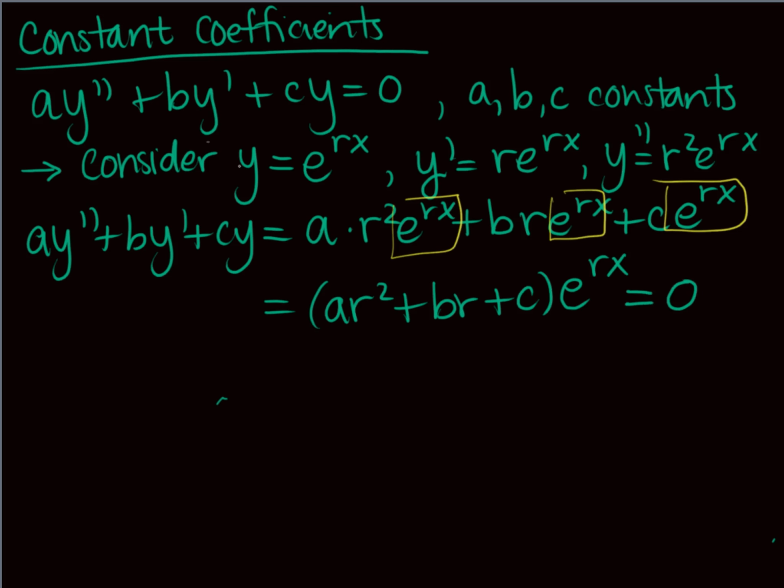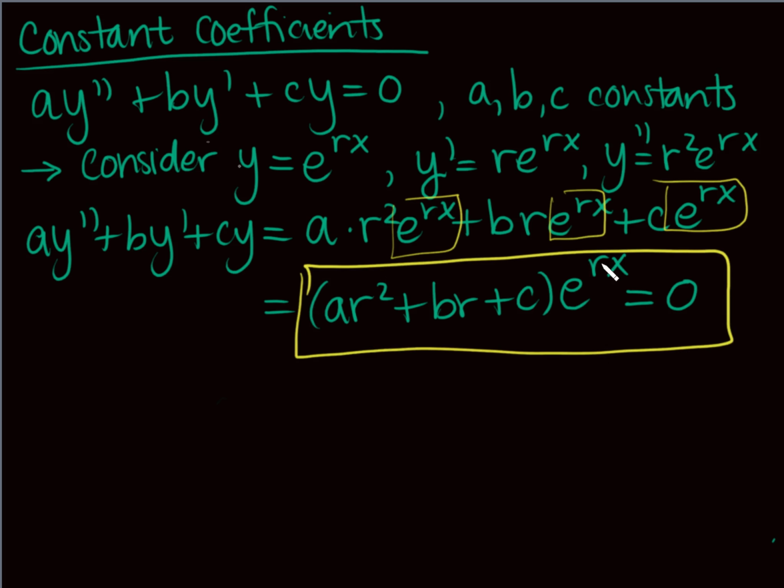If it is a solution, then I should be able to find an r that makes this statement true. And some of you have already seen it. The only way for this to be 0, e to the rx can never be 0. So if I can find an r that makes this equation 0, then I know that I have found a solution.